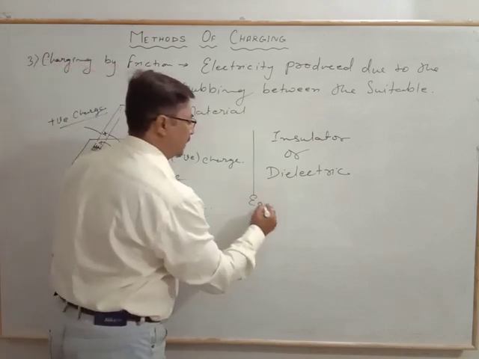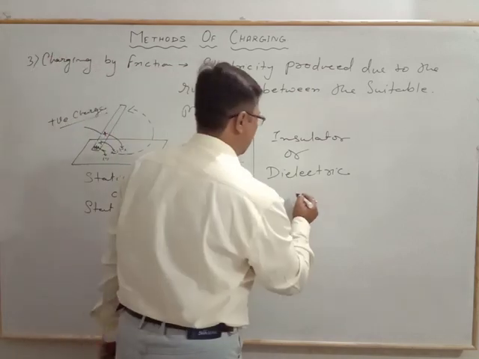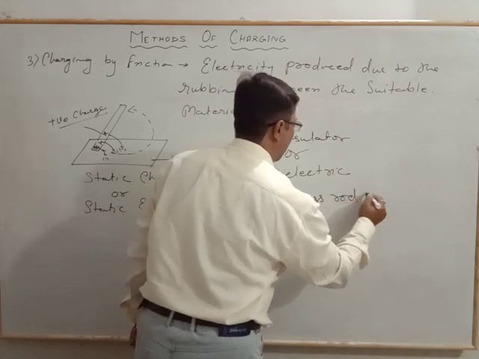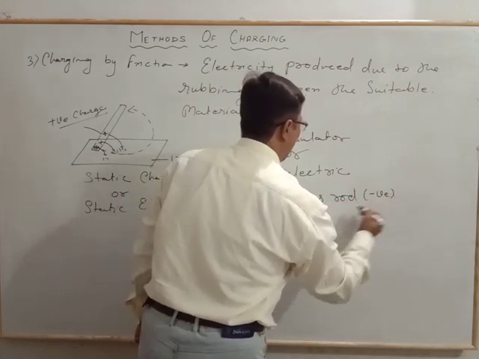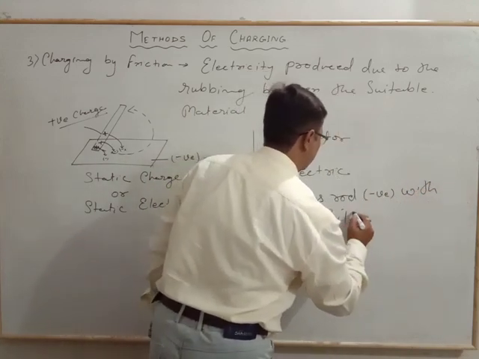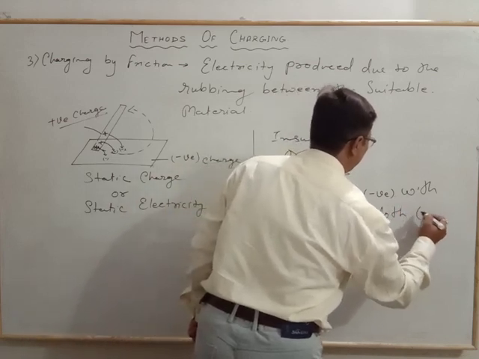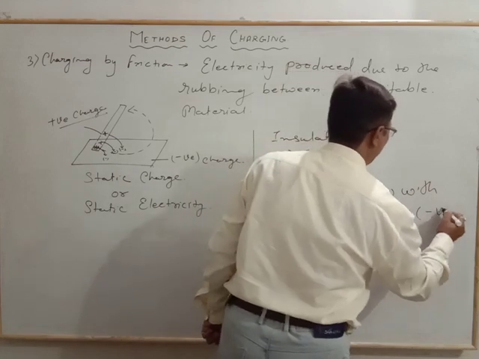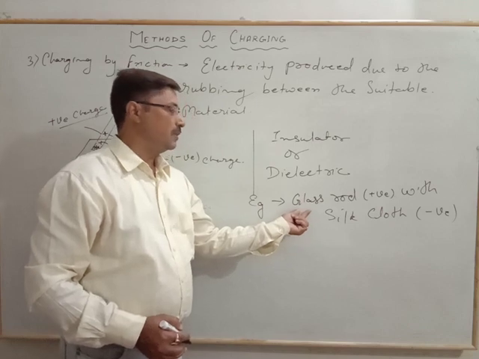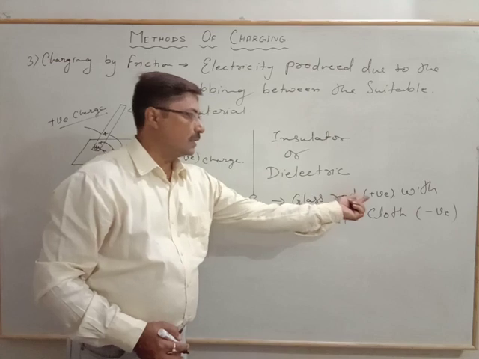For example, if we consider a simple glass rod with silk. The glass rod acquires the positive charge, and the silk cloth becomes negative. Because of the roughness between the glass rod and the silk cloth, the glass rod becomes positive.